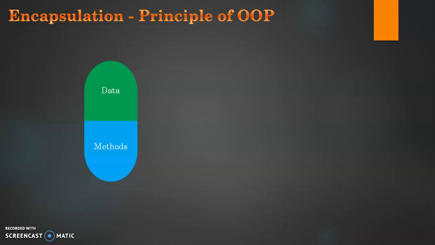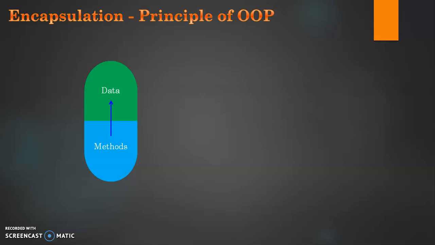This grouping is done in such a way that the data items are only accessible within the functions of the same object. This wrapping of data and methods of an object as a unit is called encapsulation, so that they can be used together for a specific operation.